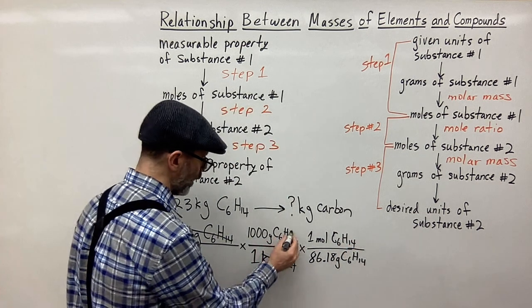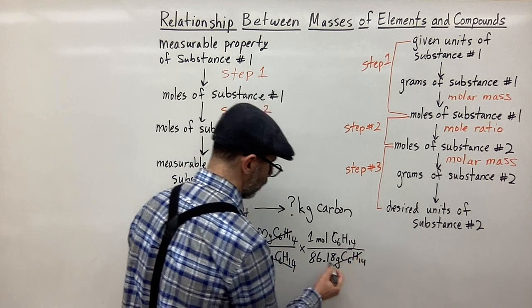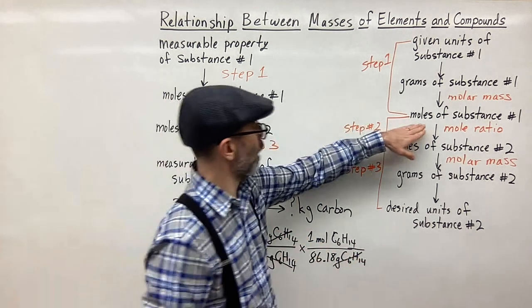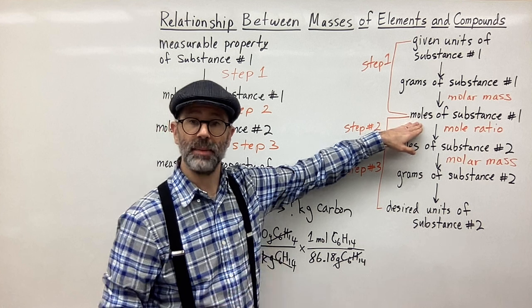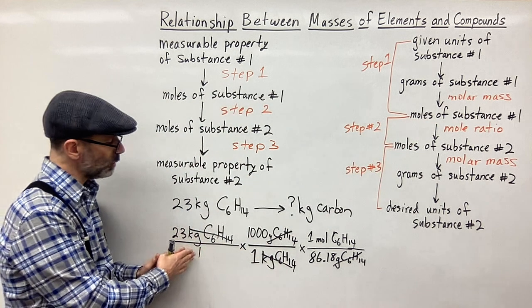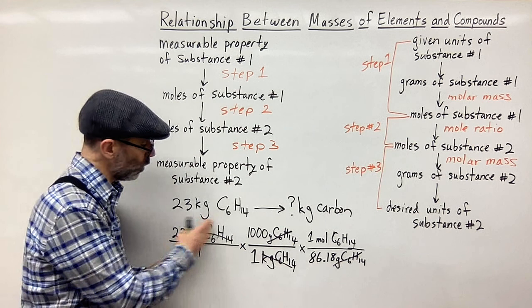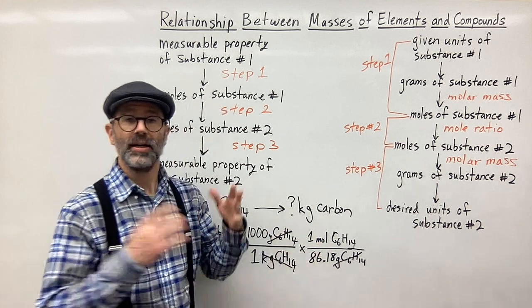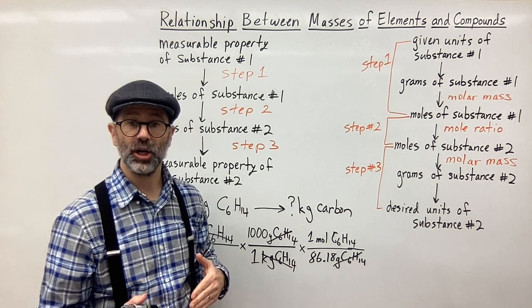Now grams cancel out, and I have moles, which is what I want. Now the first step is done. I began with kilograms of hexane, which is substance number 1, and I've gotten it to moles. Now I can use the mole ratio.